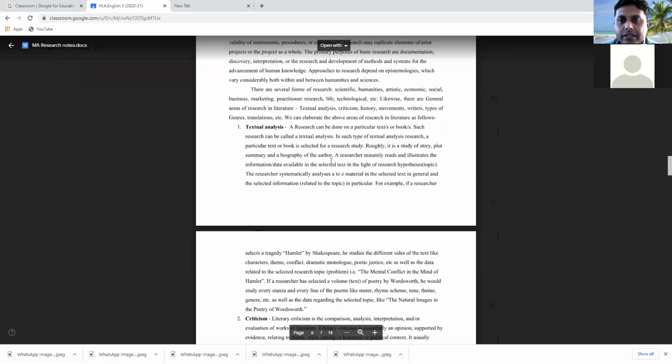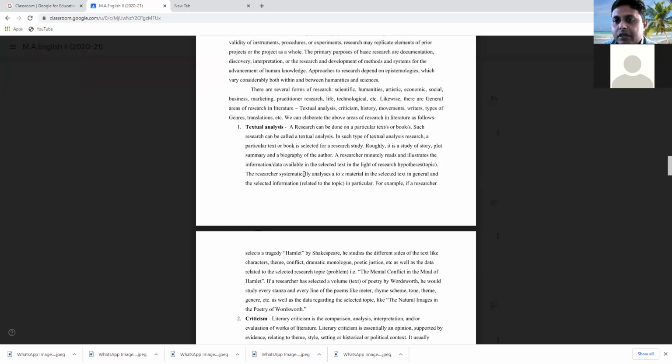What happens in the case of textual analysis? The text is analyzed, the text is studied minutely. So it is a study of story, it can be a study of plot, summary, or biography of the author.